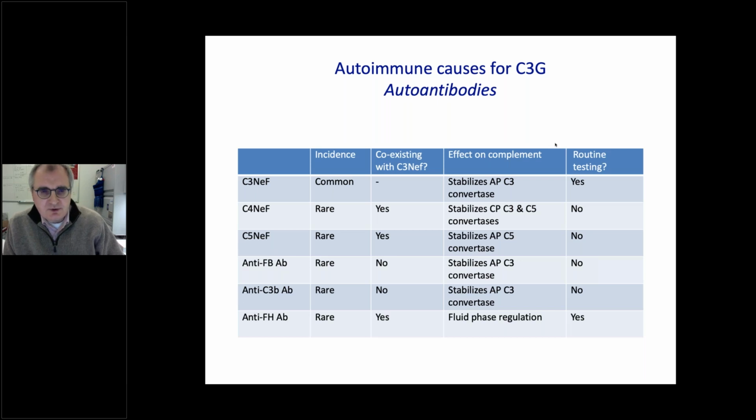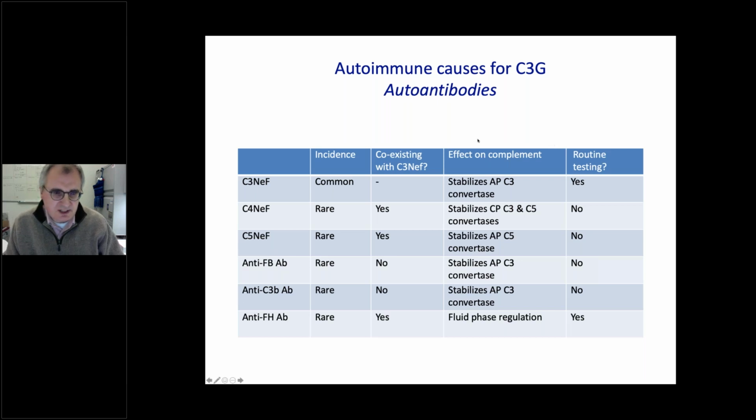Now, what drives this? I showed you the summary slide. I mentioned that it is really about the dysregulation of the C3 activation. What drives that? And we know 2 major conditions. It's either the presence of antibodies or mutations. This table here shows you the today known antibodies participating in this C3 convertase dysregulation.